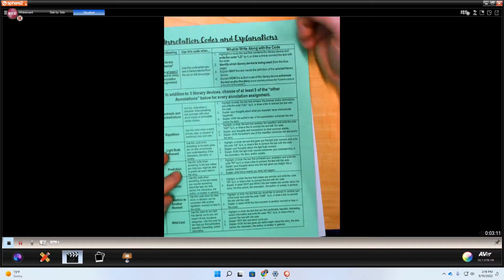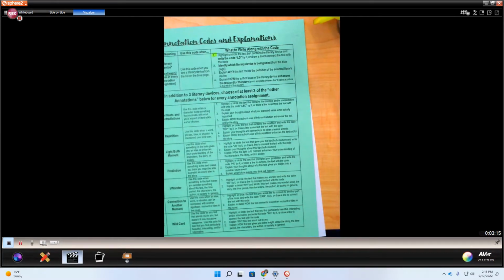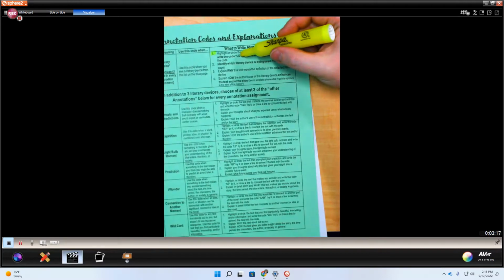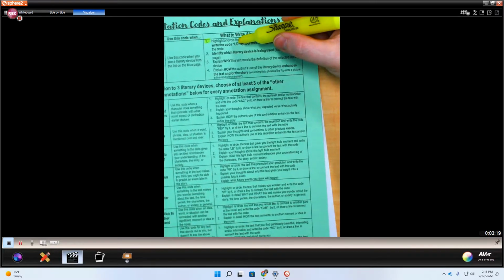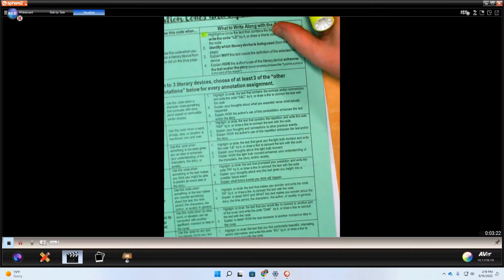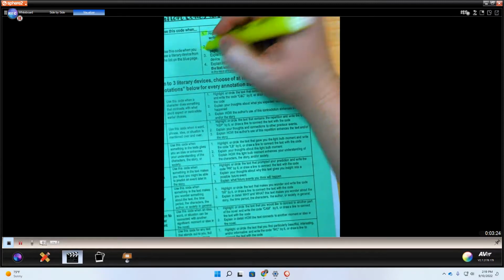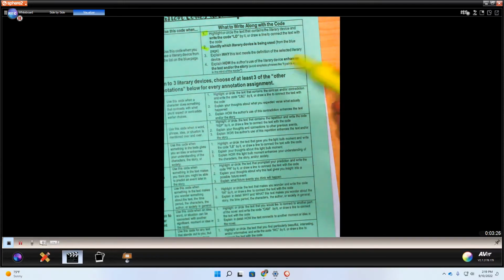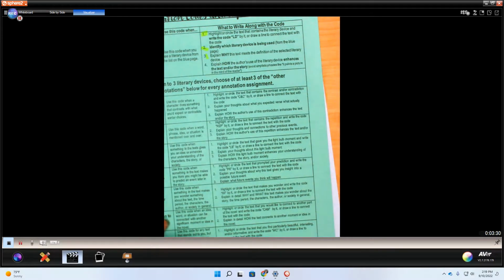So it's telling us to first highlight the area that has a literary device, then write the code LD by it, then identify which literary device it is, and then explain why that text meets the definition of the literary device you identified.